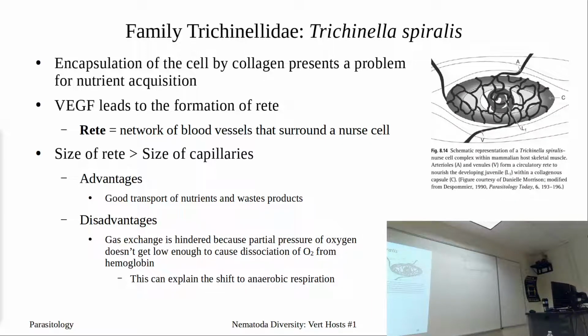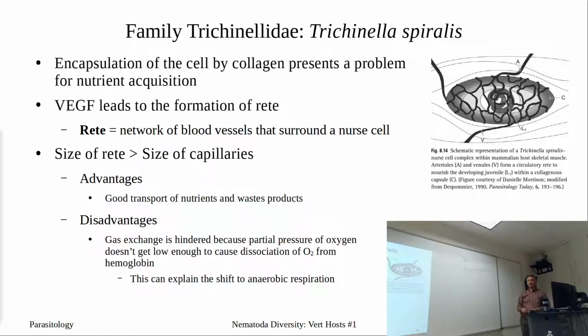Our worm's now going to shift towards anaerobic respiration. It loses out on the efficiency of ATP production because we're not using oxygen as the electron acceptor in the electron transport chain, but we don't really need to because we're not actively growing or reproducing. The worm is just in this place to survive until the host gets consumed.